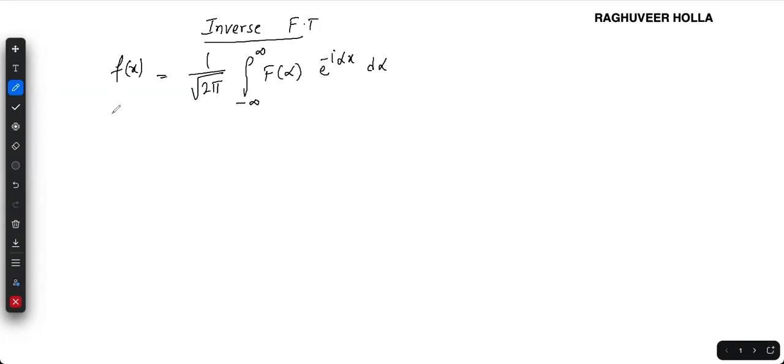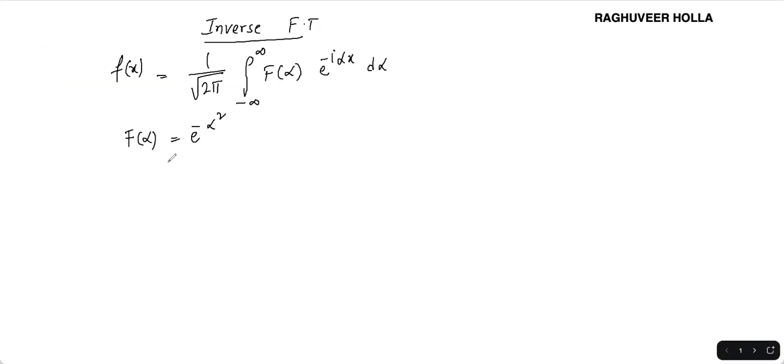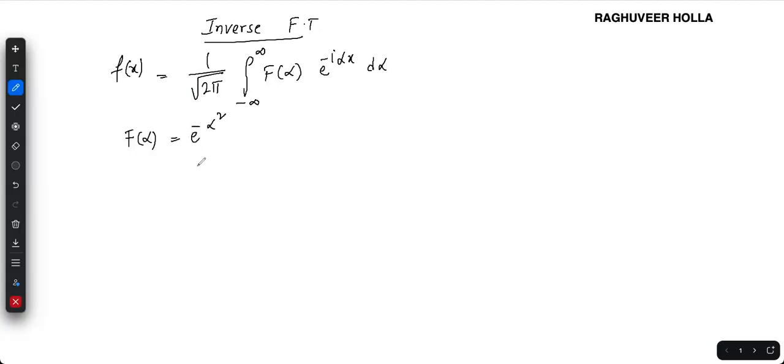Okay, let us use this formula to find the inverse Fourier transform of f of alpha, which is e to the power of minus alpha square. Okay, so let us find this. By using this, let us substitute f of alpha there.